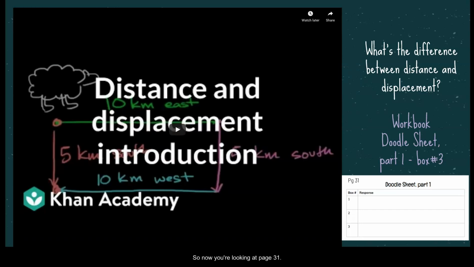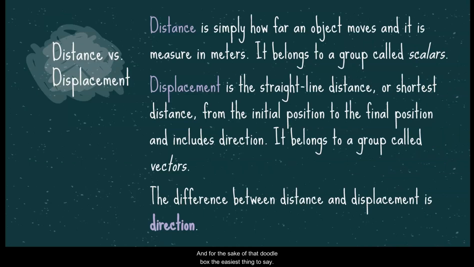Okay, so now you're looking at page 31, workbook doodle sheet, part 1, and box 3. I want you to describe the difference between distance and displacement. For the sake of that doodle box, the easiest thing to say is distance is simply how far an object moves, and it's measured in meters.